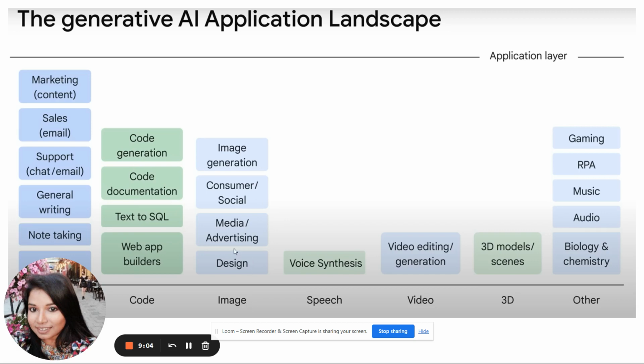For images we can use it for design, for customer or social media content. For speech we have voice synthesis, and we also have nowadays video editing, 3D model generation, scene generation, and some other applications.